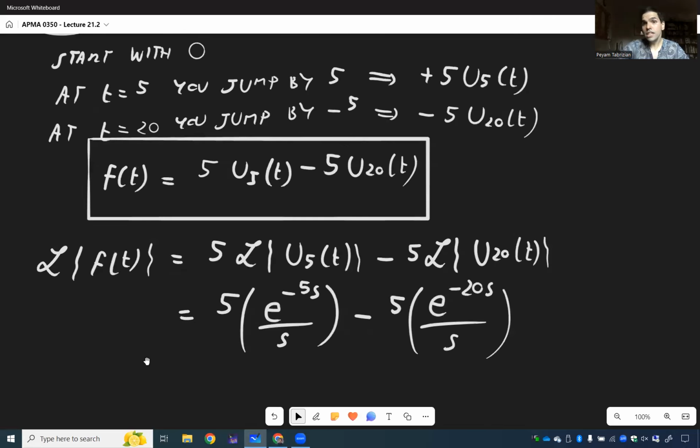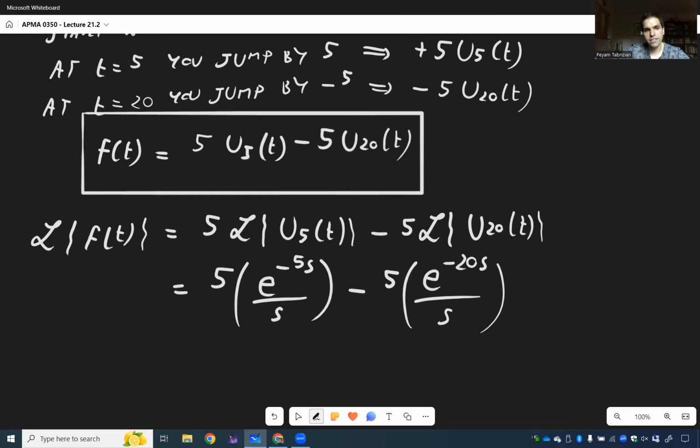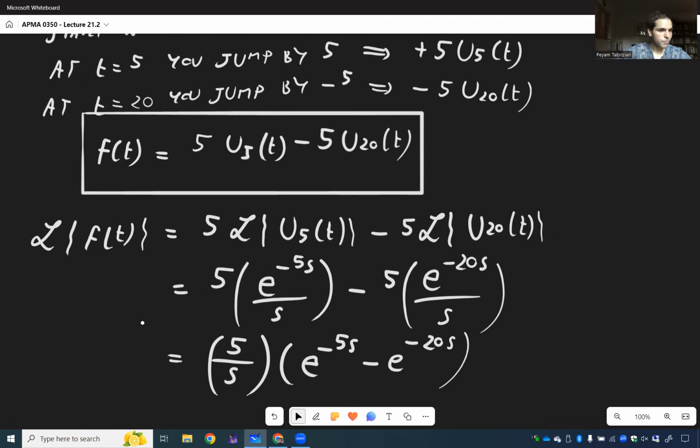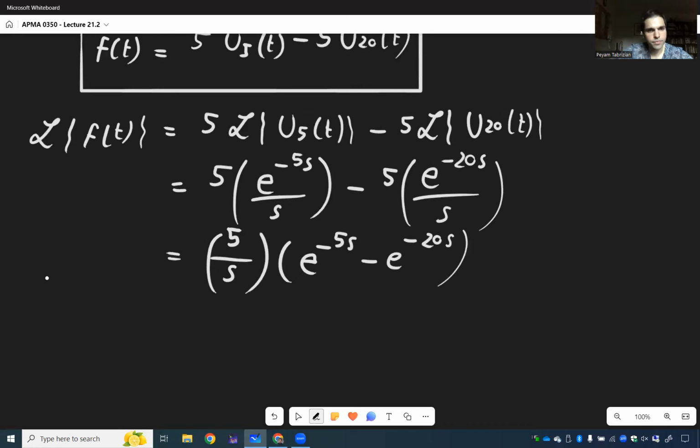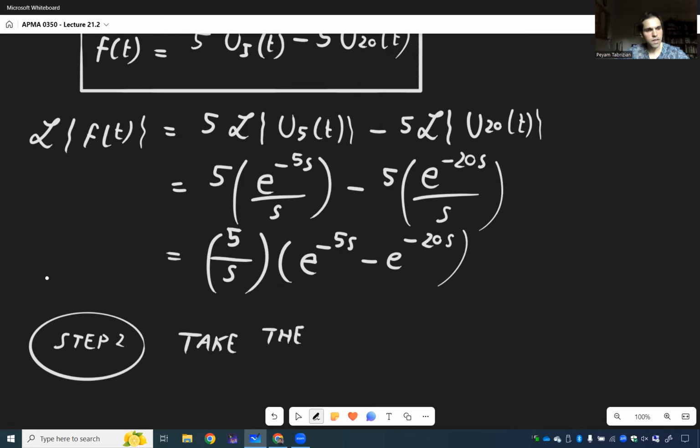And again, here we have a common factor just to simplify our work. Otherwise, you just do everything separately. So here what we get is 5 over s, and then e of minus 5s minus e of minus 20s. Very good. So now we Laplace the ODE. So once again, step 2, we take the L. So what was the ODE?